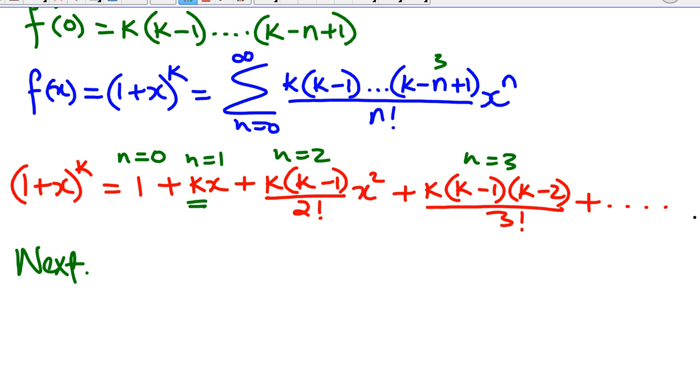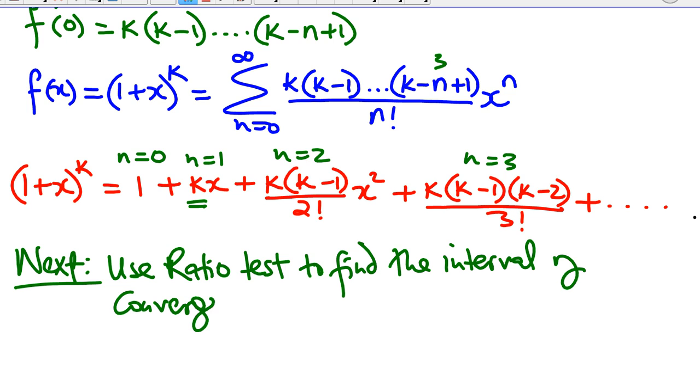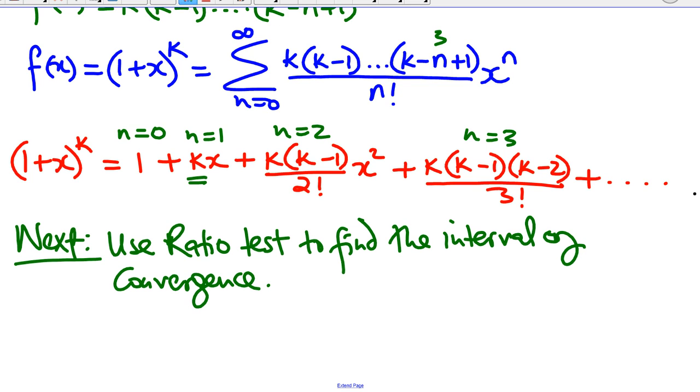Next step, use the ratio test to find the interval of convergence.